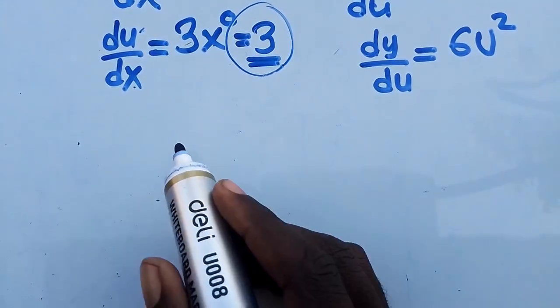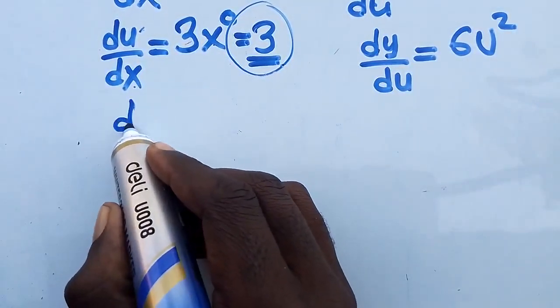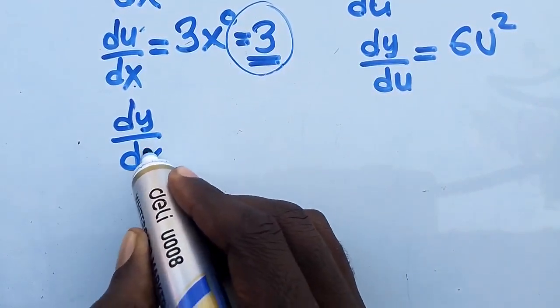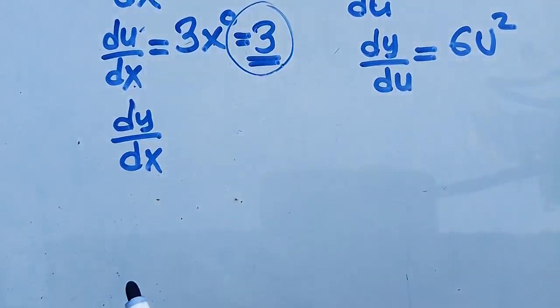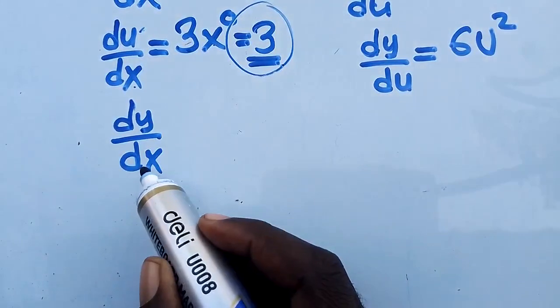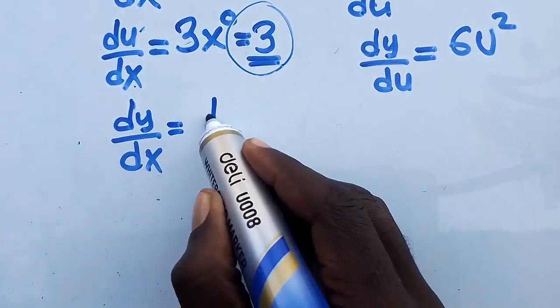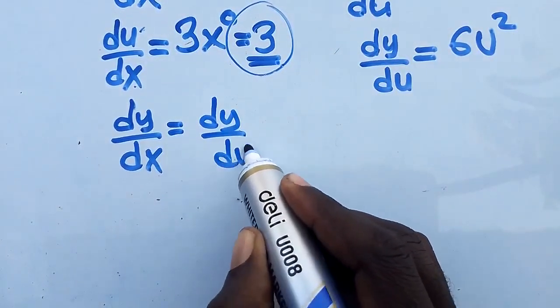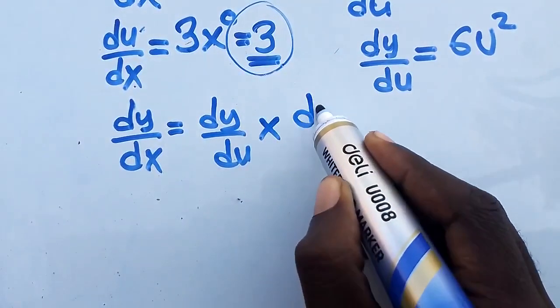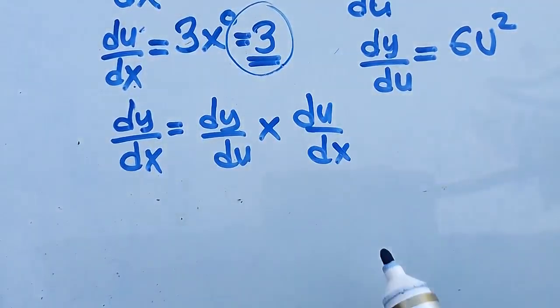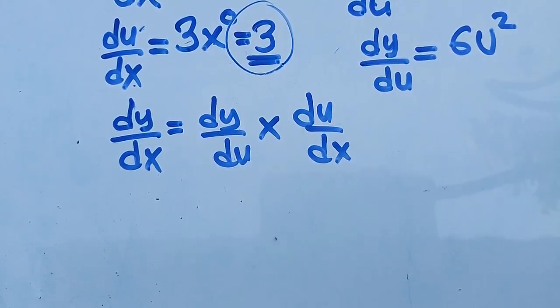So the formula is dy dx. Don't say over. You just say dy dx, which is equal to dy du times du dx. These are the procedures that we need to do.